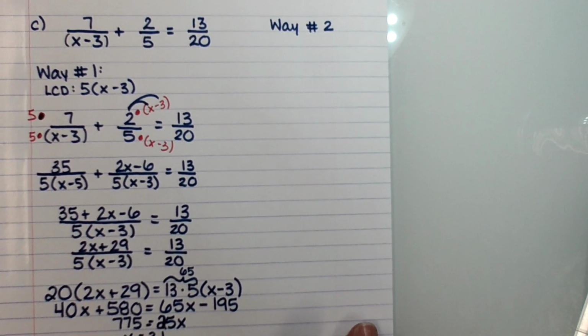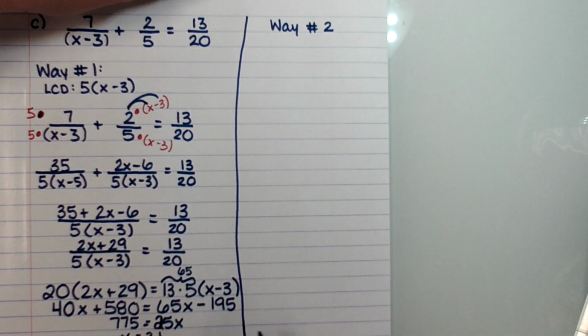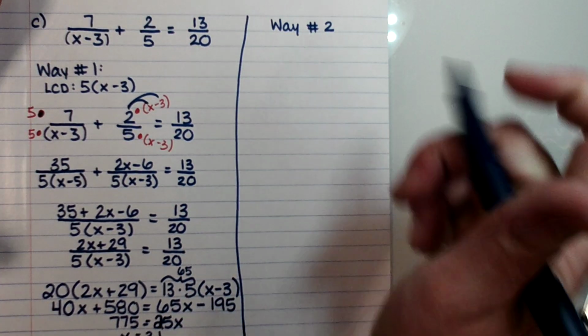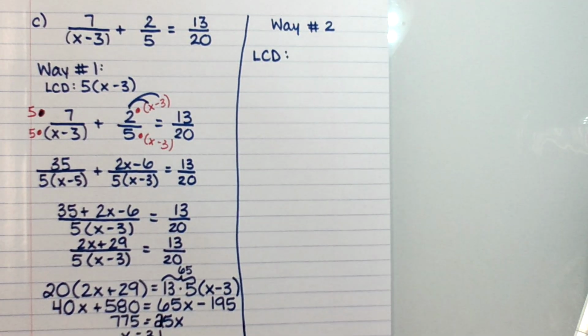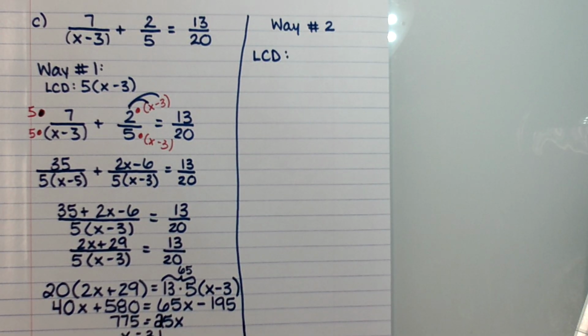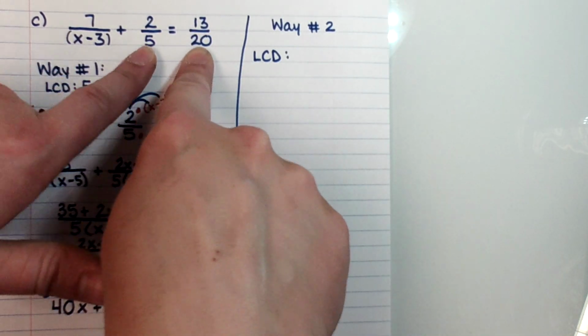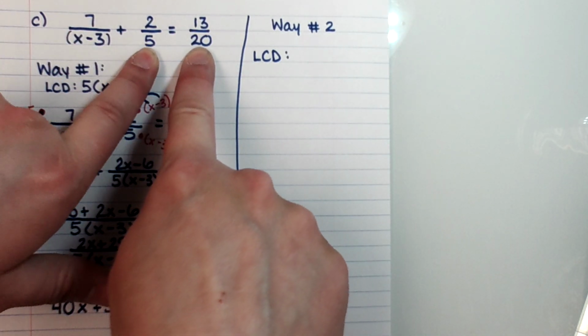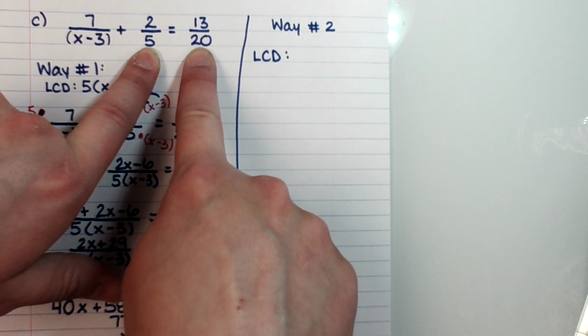Said I was going to do this problem twice. Way number 2. Find the least common denominator of all of the fractions. All of my fractions have x minus 3 and 5 and 20 for denominators. When finding the least common denominator, work with binomials and monomials separately. 5 and 20. Smallest thing they can multiply to become is a 20.